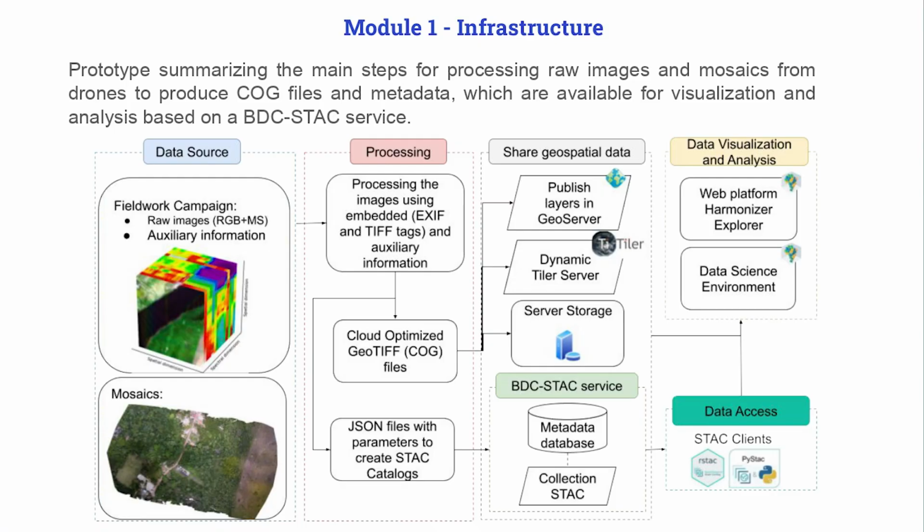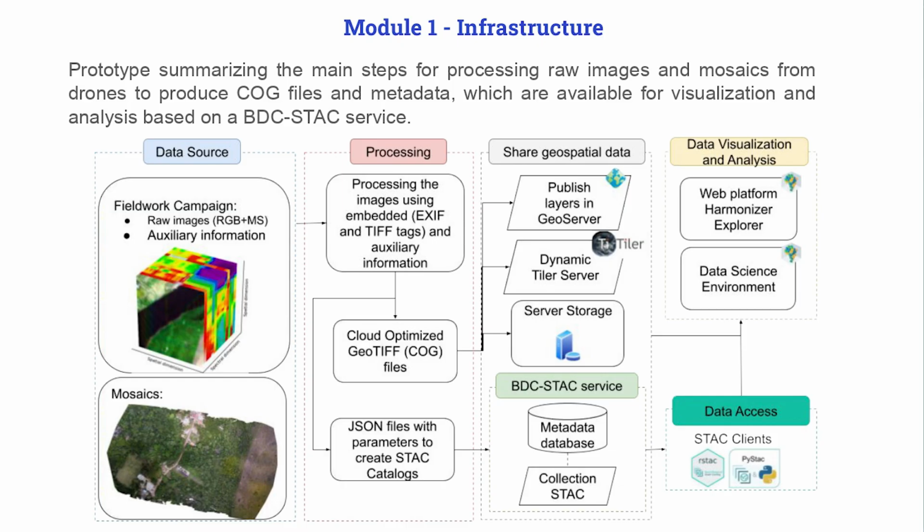The first model, called drone data, is a model created to produce image collections structured in STAC, based on projects that have already been made at the Brazilian National Institute for Space Research, INPE. The summary of the process is we get all the fieldwork data from the campaigns with the auxiliary geoinformation.